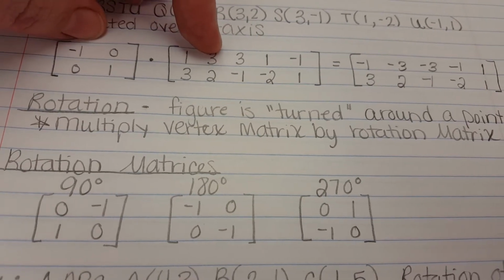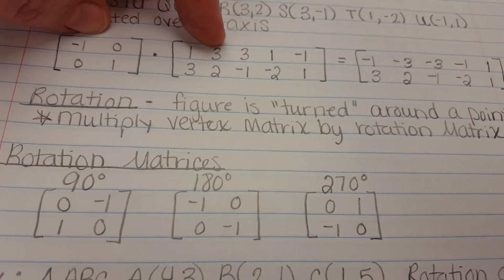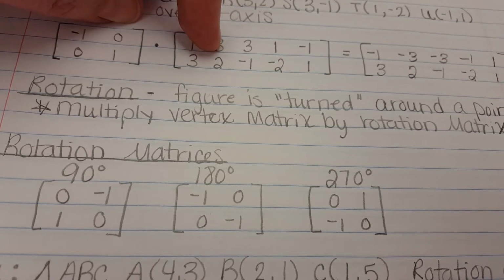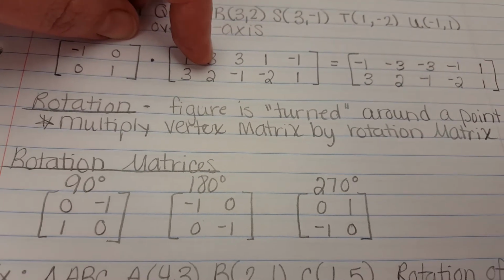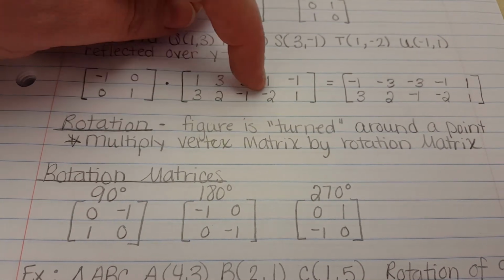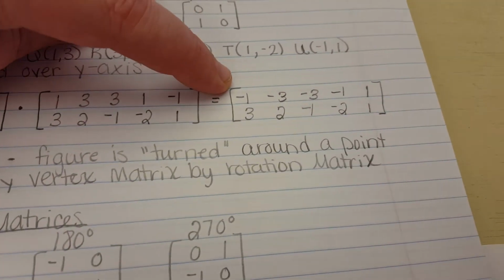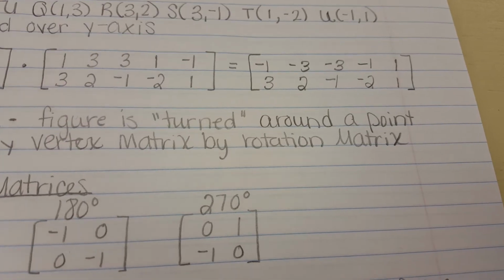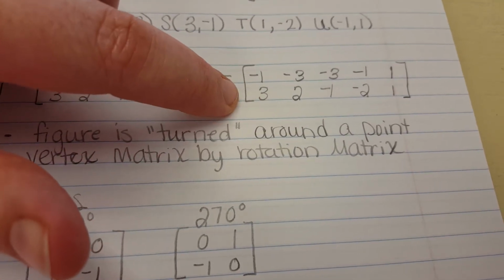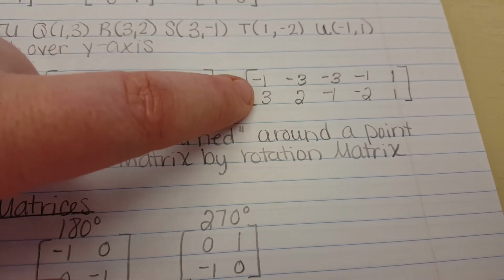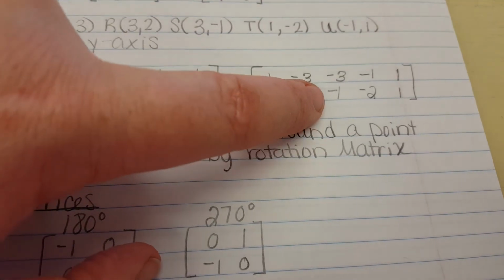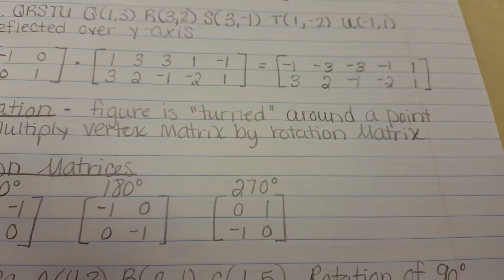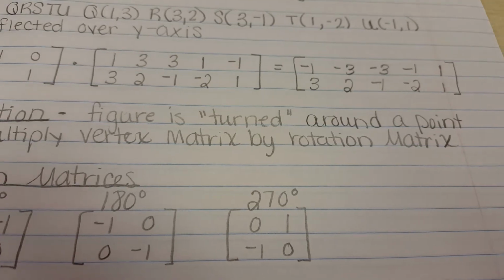Moving along, negative 1 times 3 is negative 3, plus 2 times 0 is 0. So that gives me a negative 3. And I've just continued the process all the way along to get this matrix right here. Okay? And so then if it asks you to list the vertices again, then you would do Q prime, R prime, S prime, T prime, U prime, and list them all out, and then graph them the same way as before.